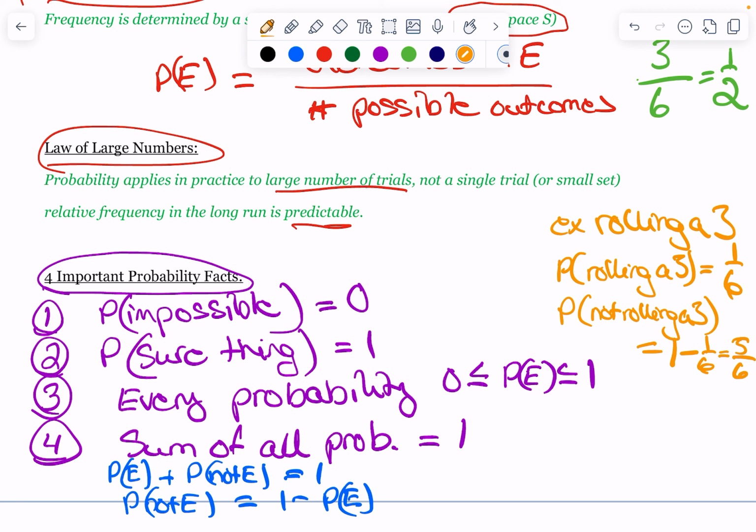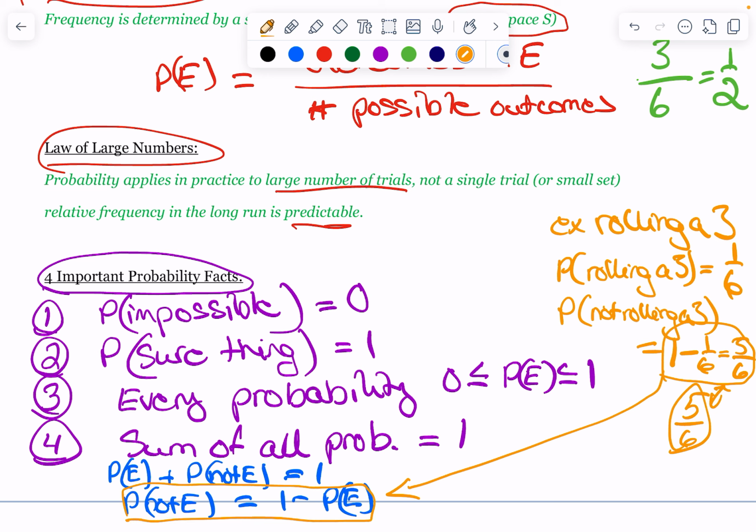This is called the complement. We already know that there are 5 other outcomes out of the 6. Either way, when we get to larger numbers, it's easier to use the complement instead of actually counting all of it.